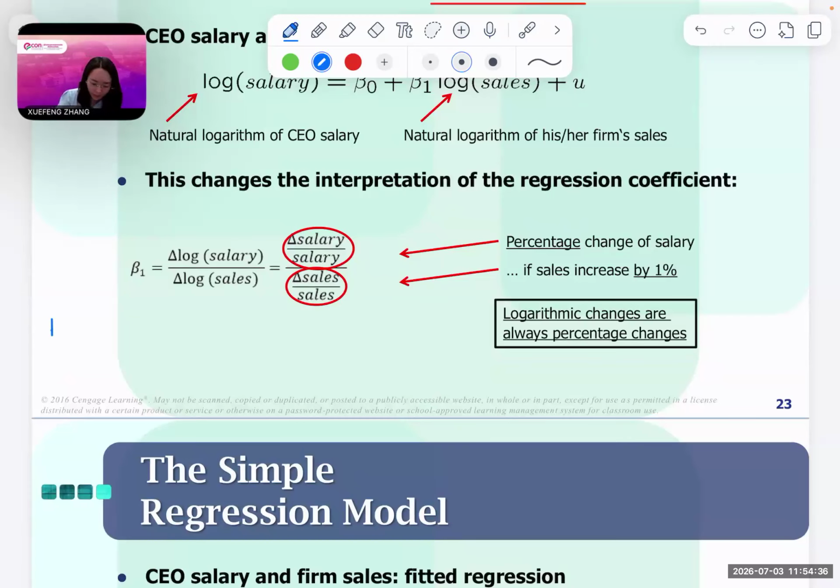If sales increase by 1%, CEO salary changes by beta 1 hat percent, right?